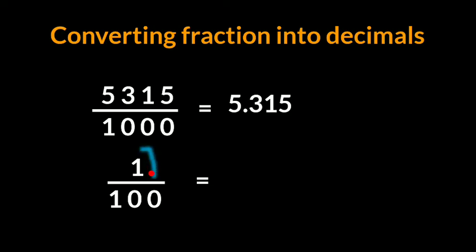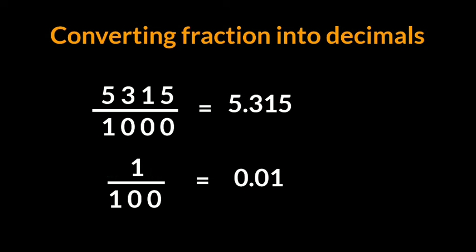So that's 1, 2. Now we noticed, unlike the previous example, when we moved, there's an empty space there. So for that empty space, we're going to put 0. And then we're going to put our dot. Okay? So 1 divided by 100 is, after the dot, we're going to put another 0.